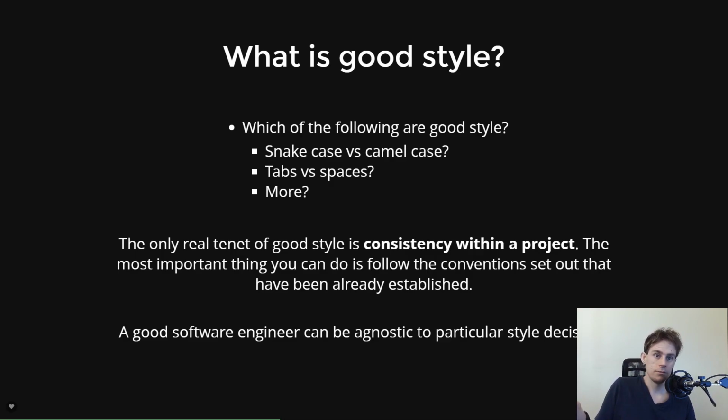I have an opinion, but that doesn't matter. You have all these questions that come with style, but the only thing that really, truly matters is that your style is consistent within a project, or often more broadly within a company or an organization. So the most important thing that anyone can do is follow the conventions set out.